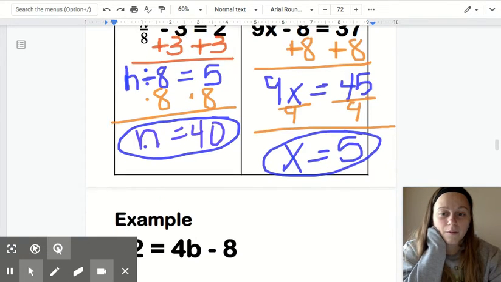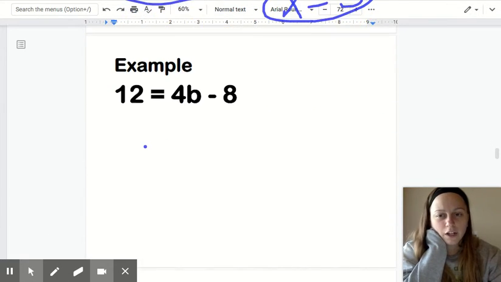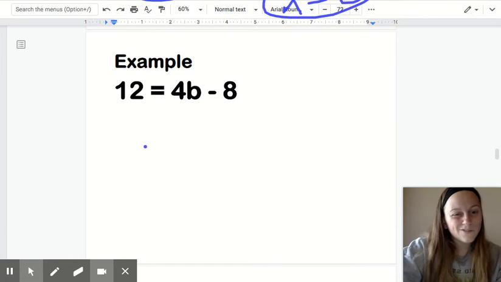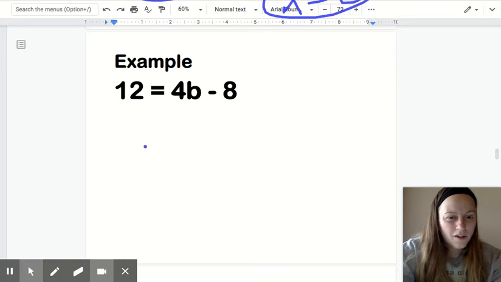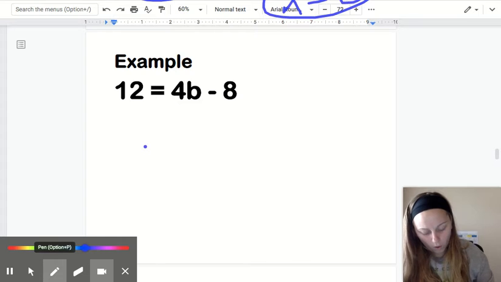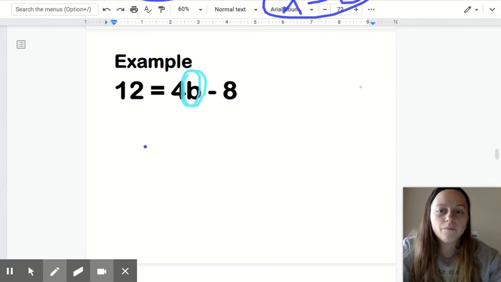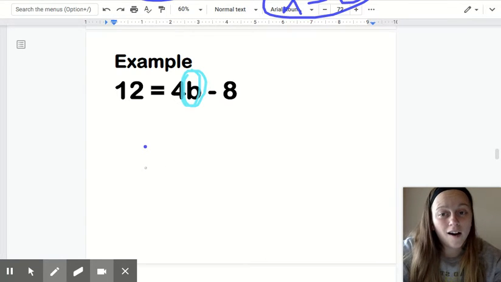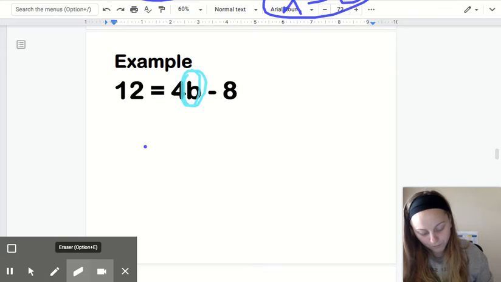Okay, so we're going to move on to a little bit of a trickier idea, but it's not trickier really at all. Remember, our goal is to get our variable all alone. So here's our variable. I need to figure out what type of math is hanging on to this variable here.